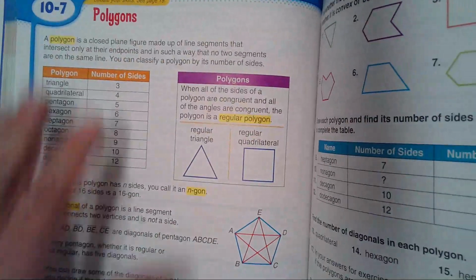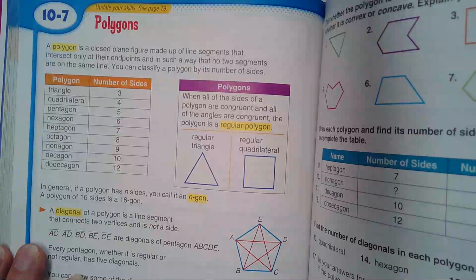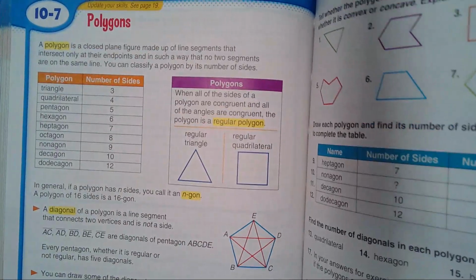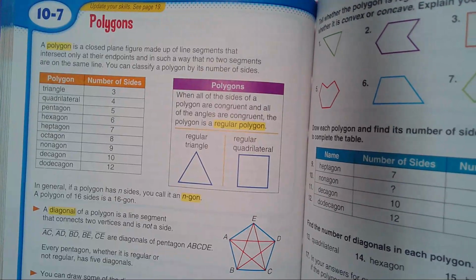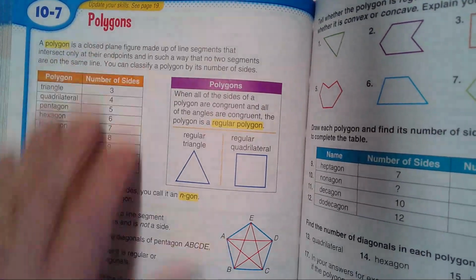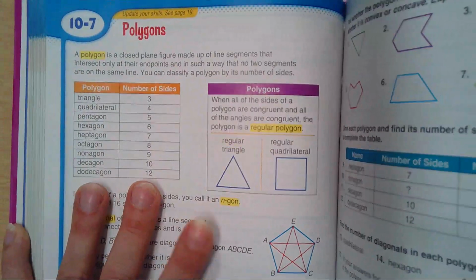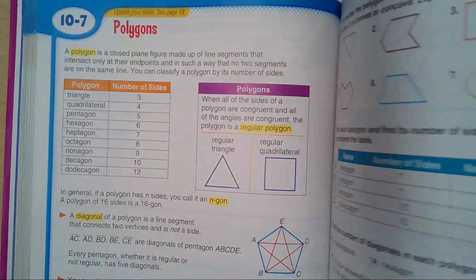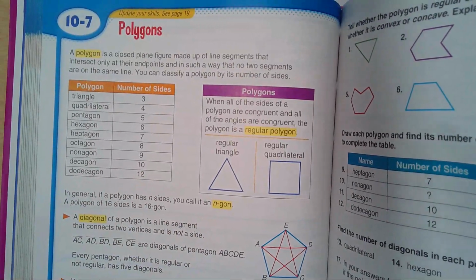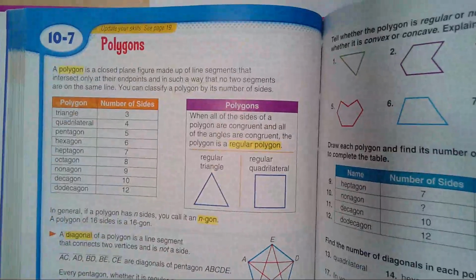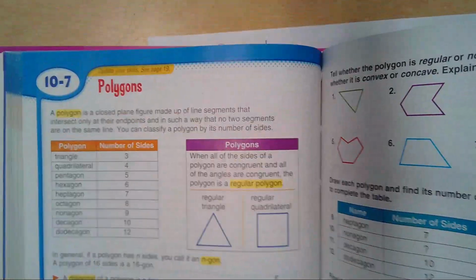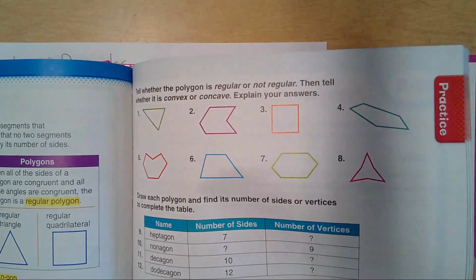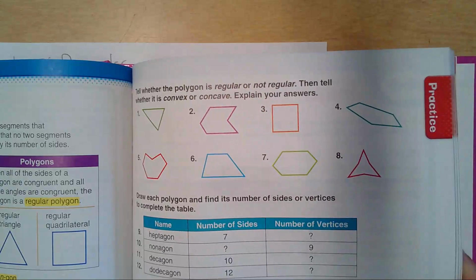It goes on forever and ever here. 4-sided figures are quadrilaterals. 5-sided pentagons. 6-sided hexagons. Heptagons. You can see some of the names of different sided figures here. Not really the point of what we're up to nowadays here, but since we never actually talked about what a polygon is, this is what a polygon is. So we'll cover this concept more next year in quite a bit of depth.